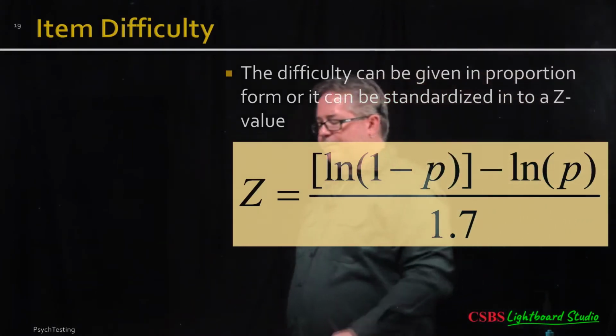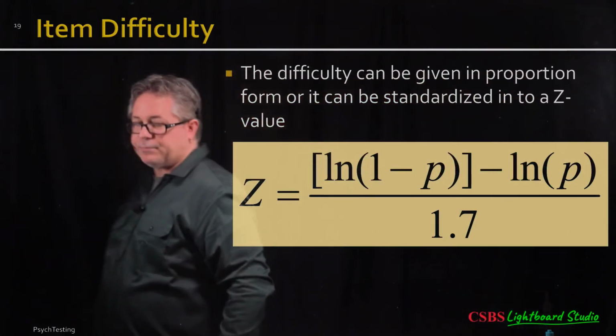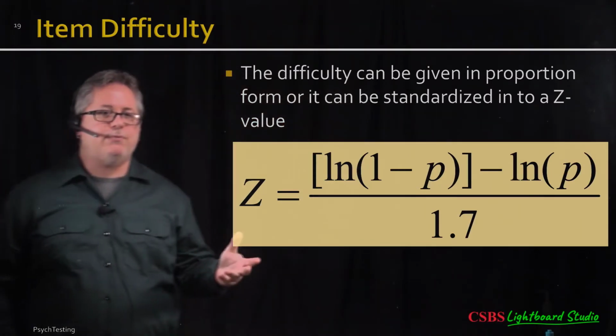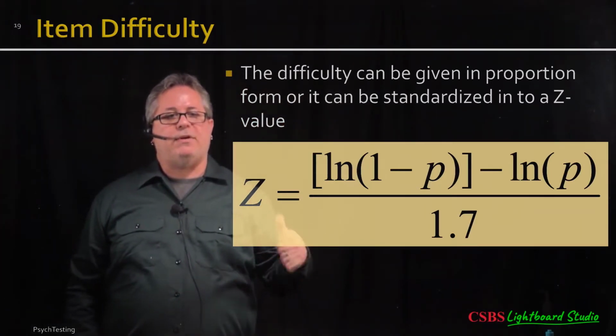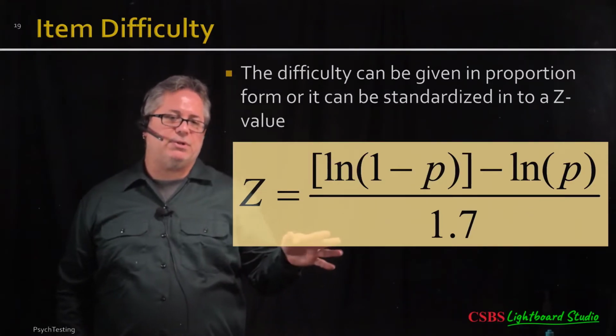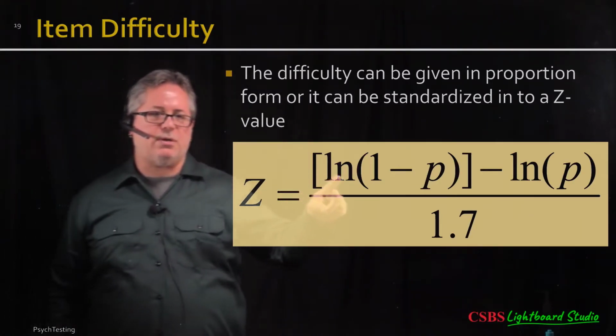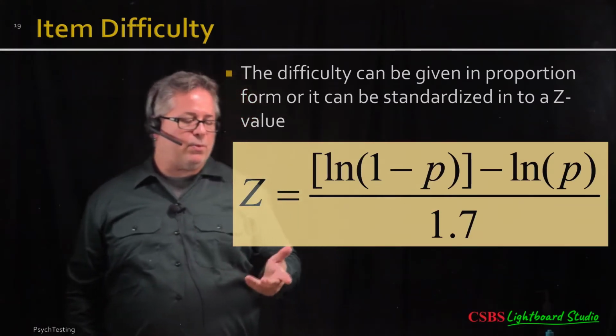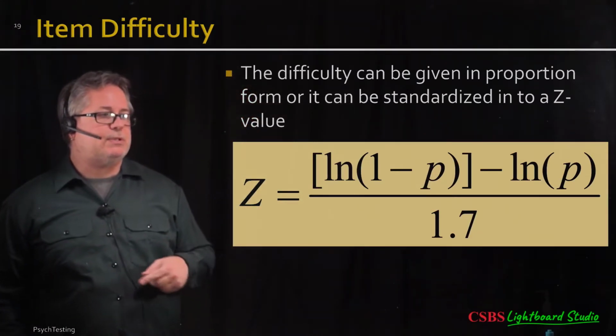Okay. We can even convert the item difficulty into a different form. It can be standardized into a z-score using this equation. This is the natural log, and this is the proportion of the item. We can put it on a scale, because the problem with probabilities or proportions is that they're not linear.